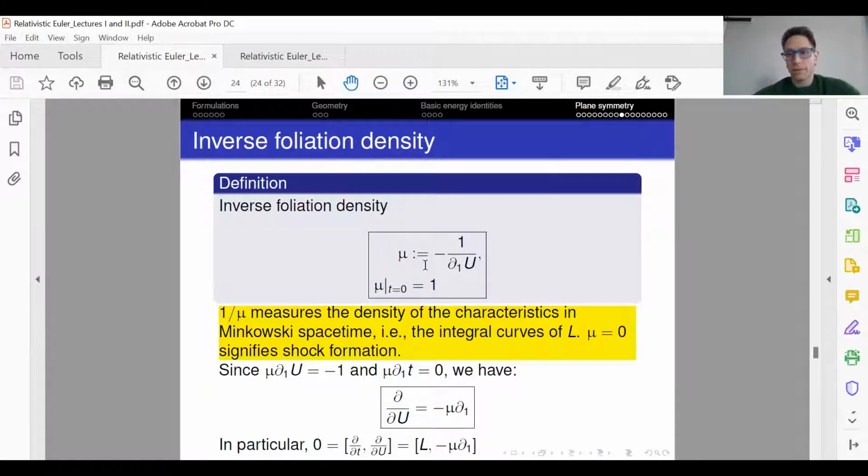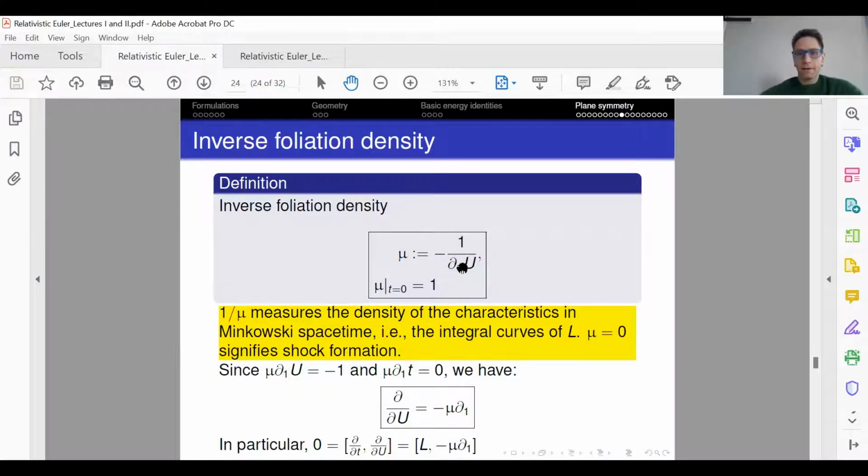And then the formation of a singularity coincides with the vanishing of mu, or equivalently the bunching up of the characteristics, or equivalently the blow up of the first derivative of the eikonal function U with respect to, let's say, D1, the Minkowski D1.